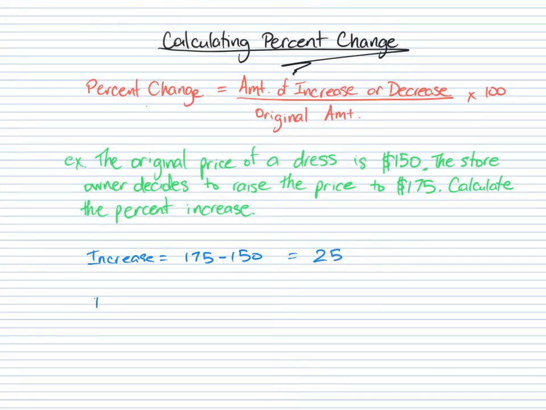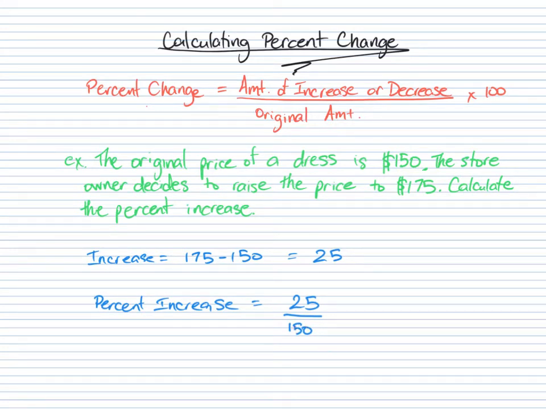So now the percent increase is going to be that 25 over the original amount of the dress, which is 150. Note here, this is the common error I was talking about. Some people would put 175 here. No, that's not what you should do. The original price of the dress is what goes in the denominator.